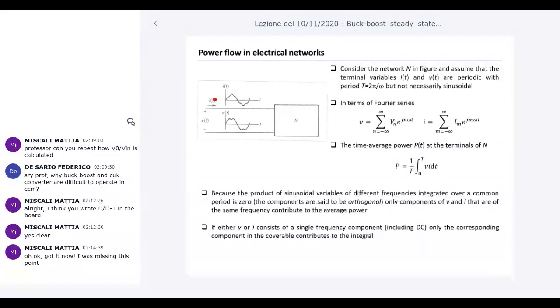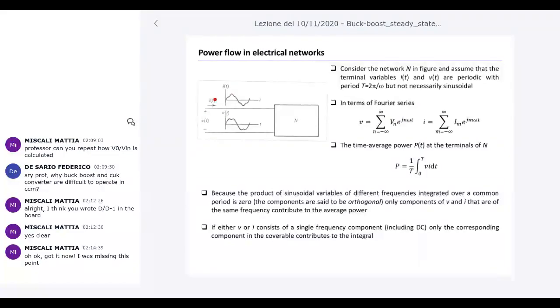If you look at, for example, power electronics, the block N, which is the network we are assuming in this discussion, typically includes several reactive elements, and the reactive elements store some energy. So that means that the instantaneous power is not the correct way to analyze circuits that have elements that store energy.